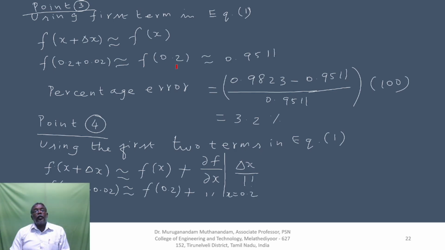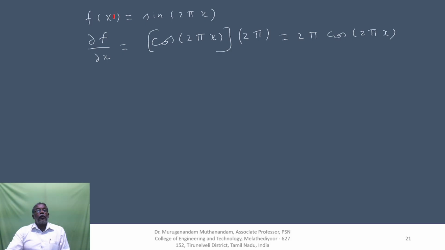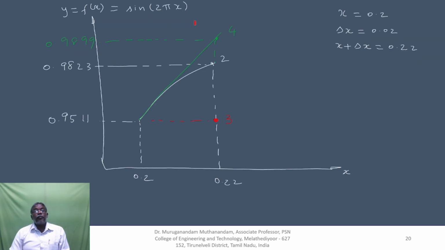What is the value of the function at 0.2? If you substitute x equal to 0.2 in this equation, it is sine of 2 multiplied by pi multiplied by 0.2. If you do it in a calculator, you will get 0.9511.